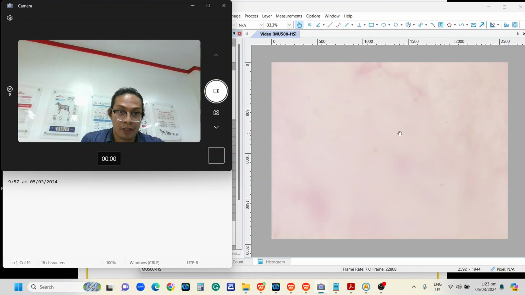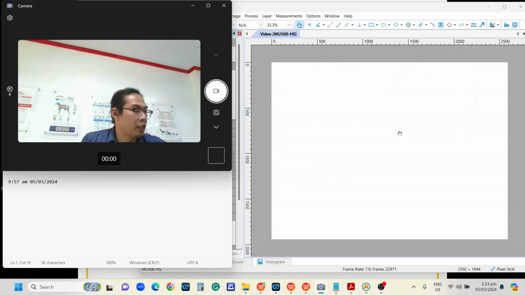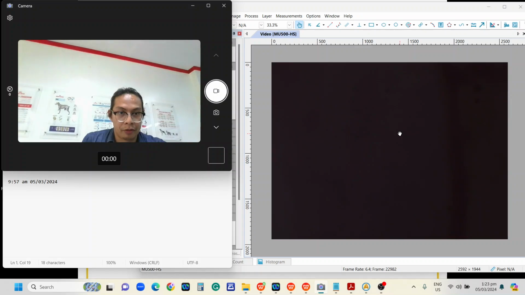Okay? So that is, may malaking artifact, hindi na-focus, hindi na pantay-pantay yung tissue. Okay. Mag-focus tayo ng nasa gitna. Dito na lang tayo sa low power objective.